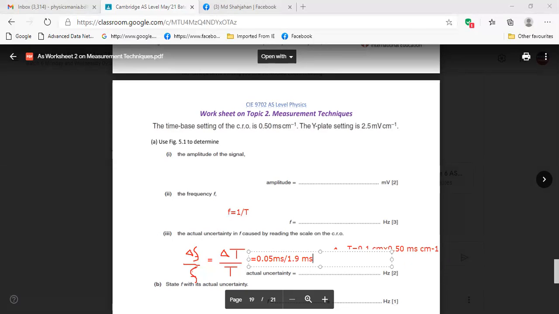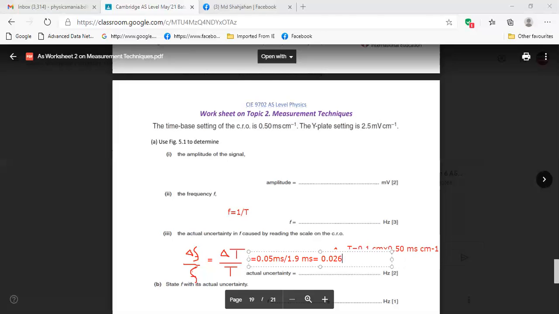If you simplify del T by T, what does it come to? 0.03? 0.026, right?